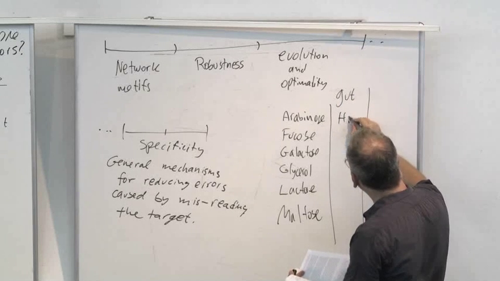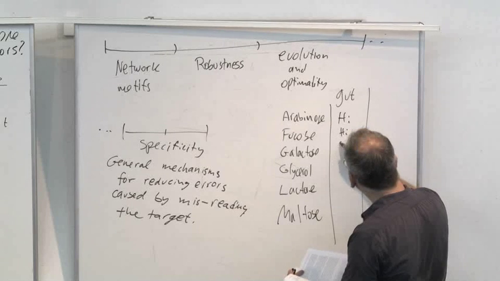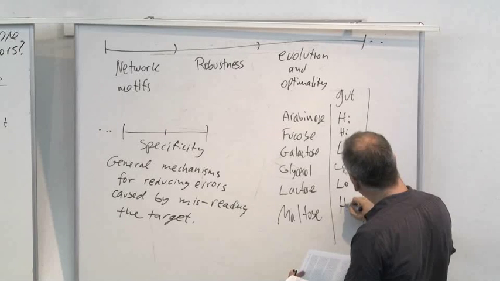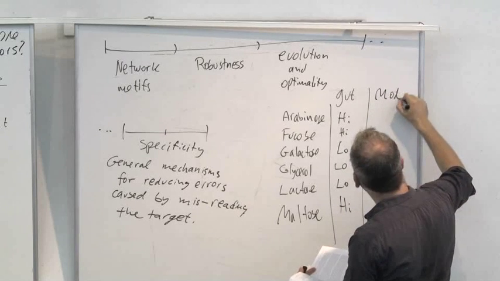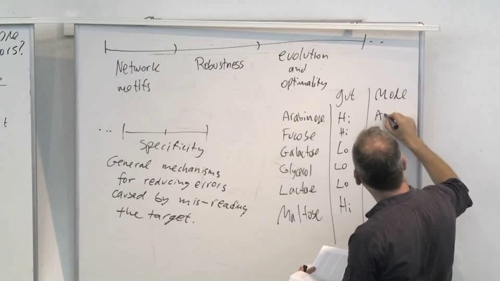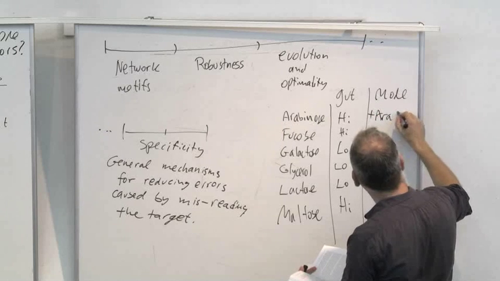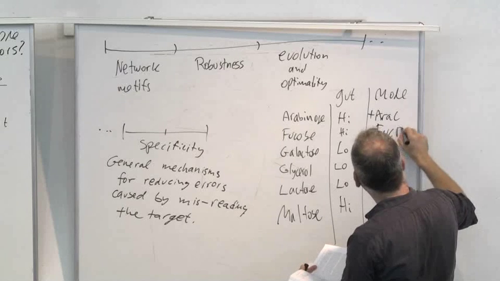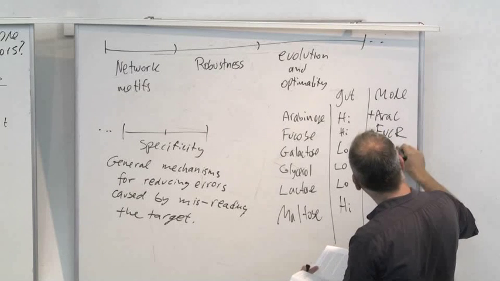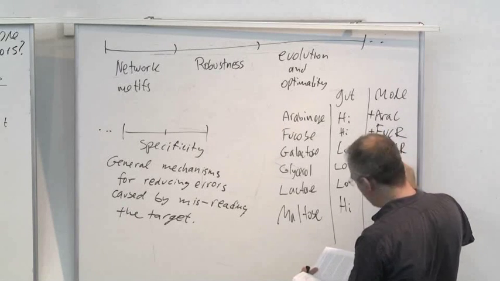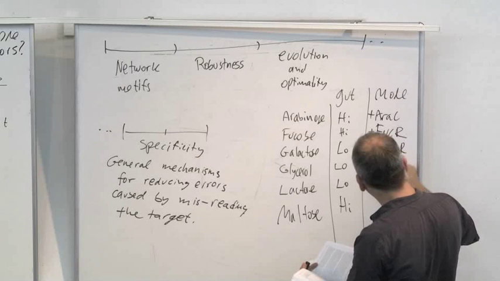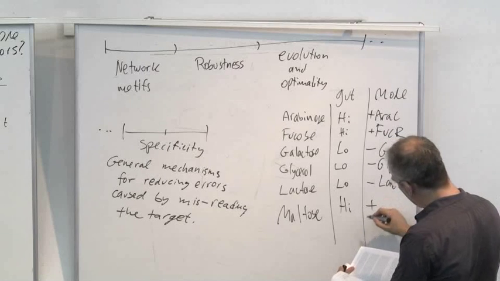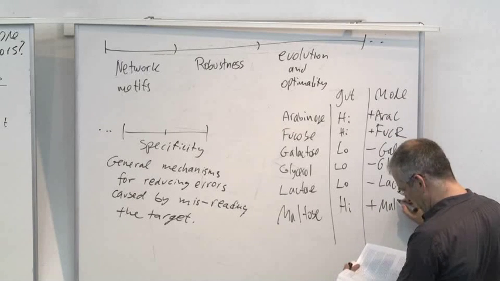You see high, high, low, low, low, high, and then you ask what the mode is. You have the positive mode, AraC here, positive mode, FucR, the low mode, GalR, repressor. Glycerol has a repressor, GlpR, lactose has a repressor, LacI, and maltose has an activator called MalT, right?